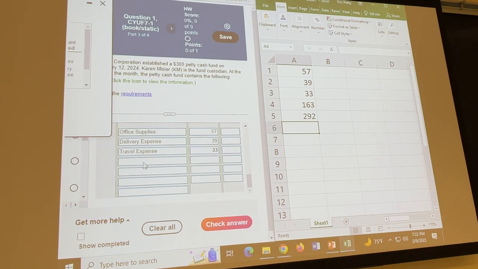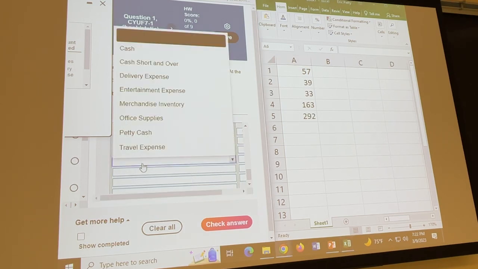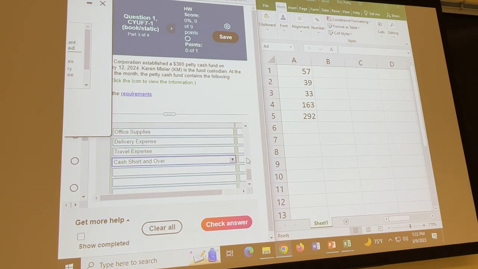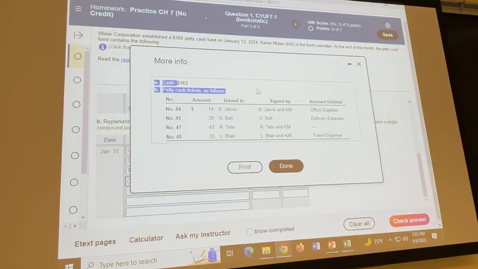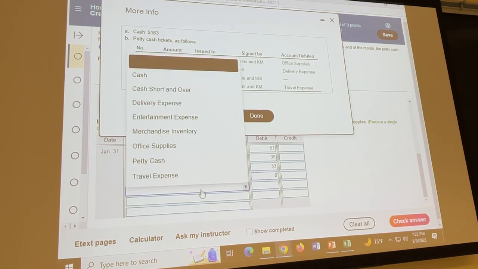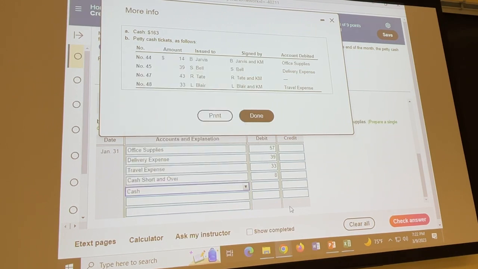So it means that we need to have a debit to that account that is called cash short and over for $8. And then the account we're going to credit is cash.